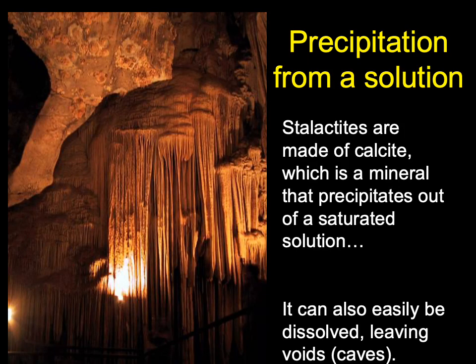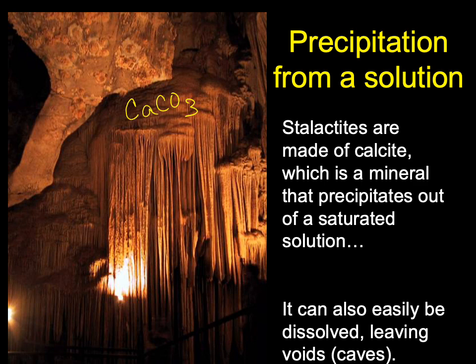If anybody's ever been caving, here's a good example of beautiful stalagmites and stalactites from a cave. And this is an example of precipitation from a solution. The mineral that most of this cave structure is made of is calcite, CaCO3. Now that's dissolved in the water as calcium and carbonate ions. But as the water either evaporates or becomes supersaturated with those ions, the ions can move around in the solution.